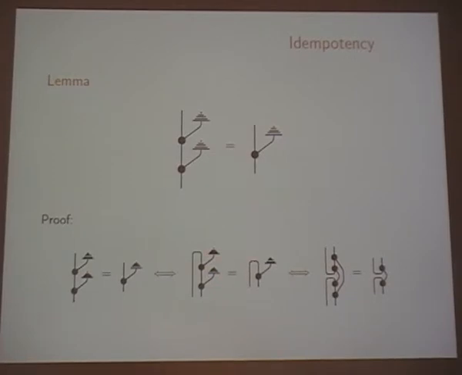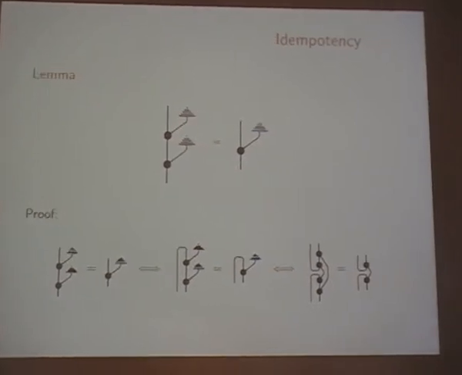Now we have this, and we apply the axiom where f is this morphism and g is this one. And now these two are equal because, according to the spider theorem, both of them are equal to this: just count the number of inputs and outputs, and they are the same. So this is the proof of the idempotency of the classical channel.